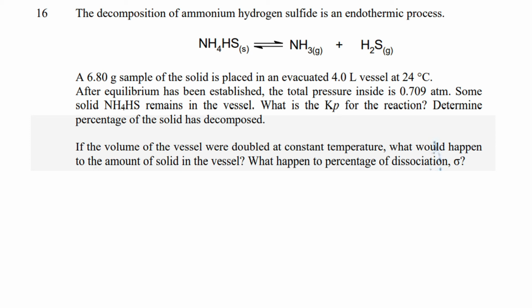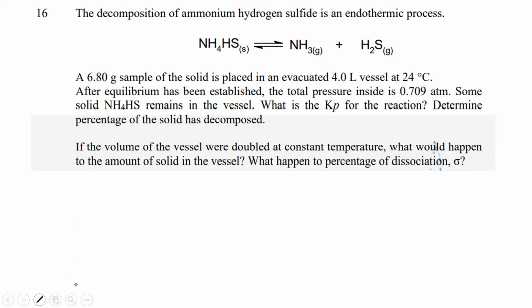Jadi, if the volume of the vessel were double at constant temperature, what will happen to the amount of solid in the vessel? And what happen to the percentage of dissociation alpha? Right, so first of all, okay, kita boleh kira nilai Kp, okay, based on the equation, okay, daripada equation.